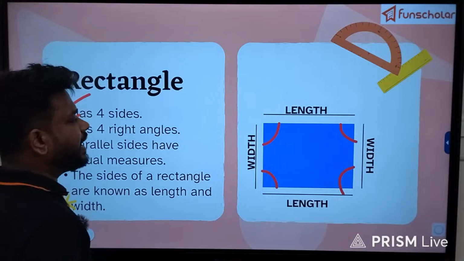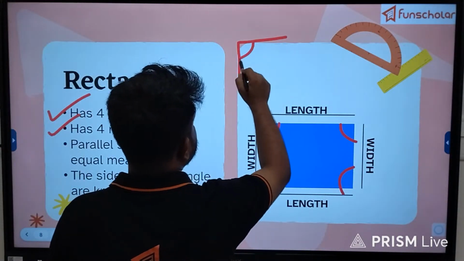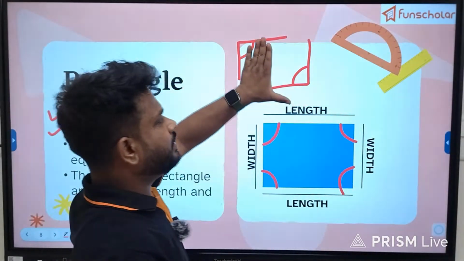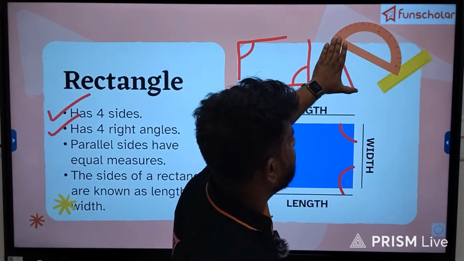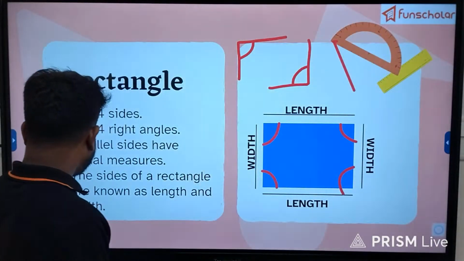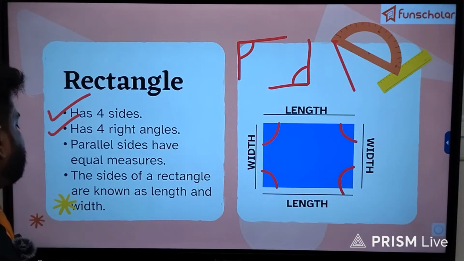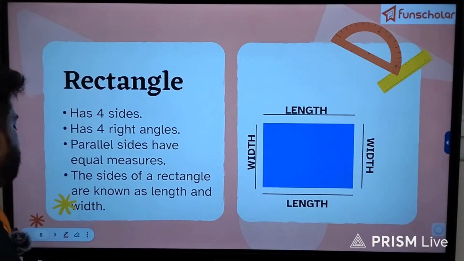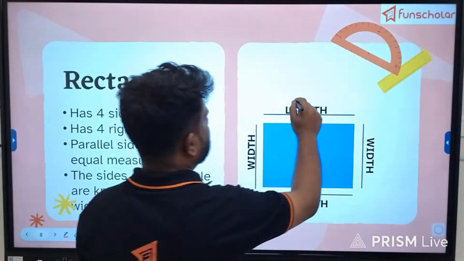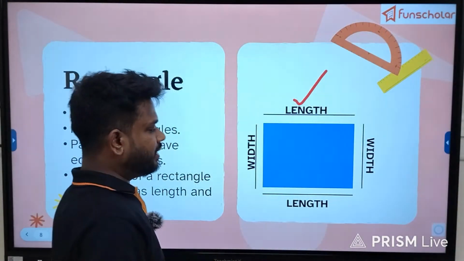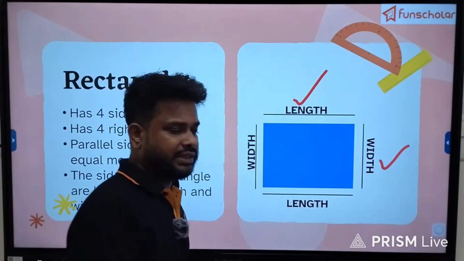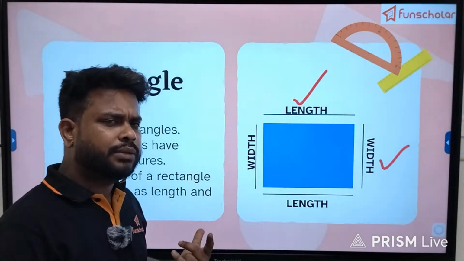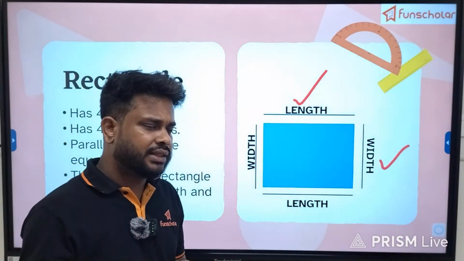Right angles measure like this or this, and generally look like an L. The sides of a rectangle are known as length and width or breadth. The bigger one is length and the smaller one is width. This is a quick generalization, but sometimes width can be bigger than the length as well.